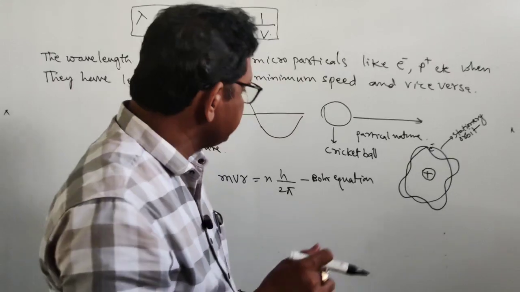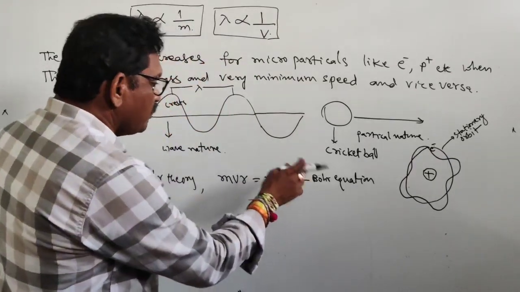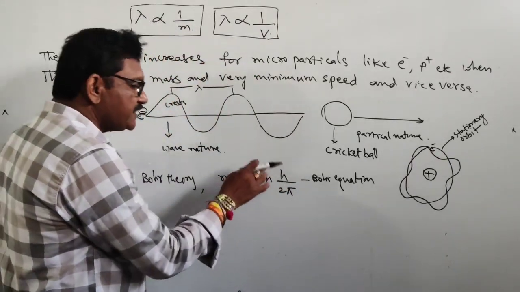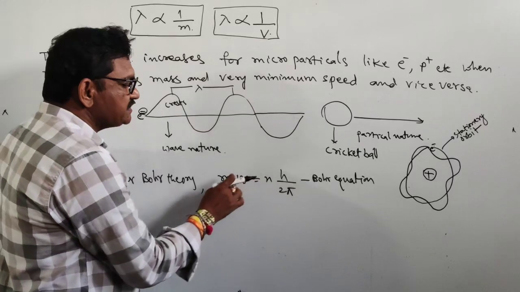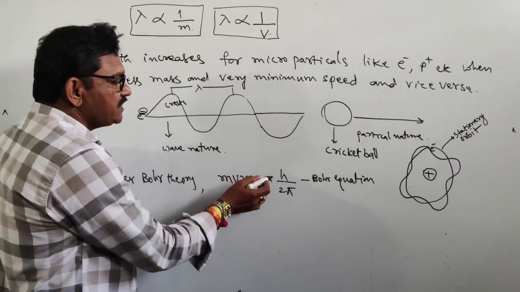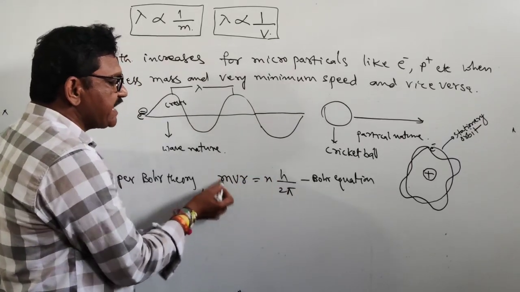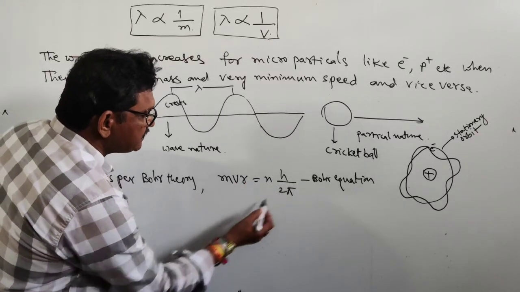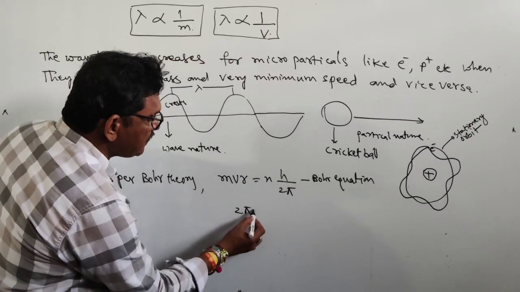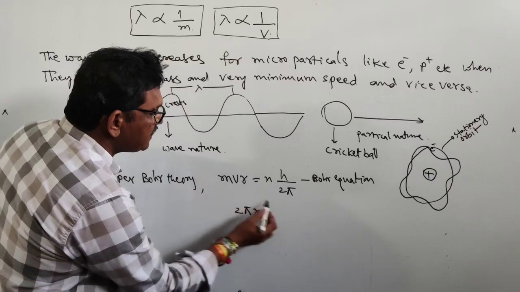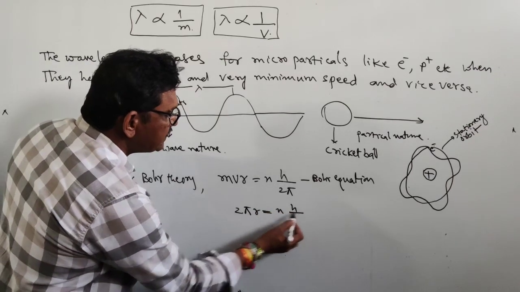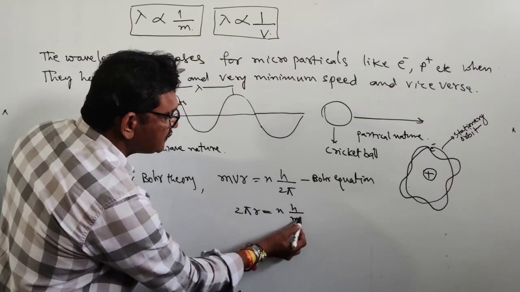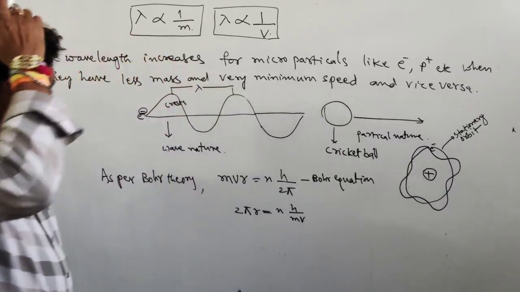So this is the failure of Bohr theory. Here Bohr gave one relation: mvr is equal to n into h by 2 pi, the angular momentum of the electron. Bringing 2 pi to this side, 2 pi r is equal to n into h by mv.